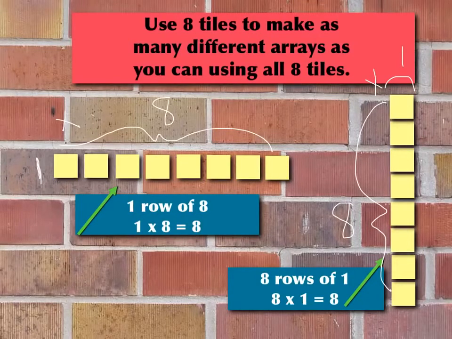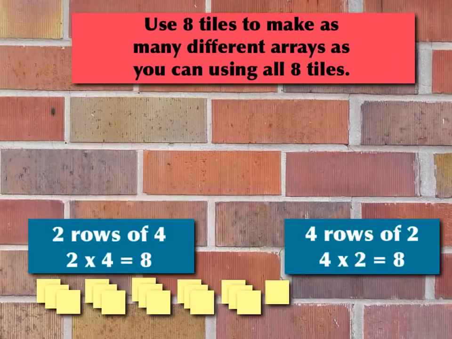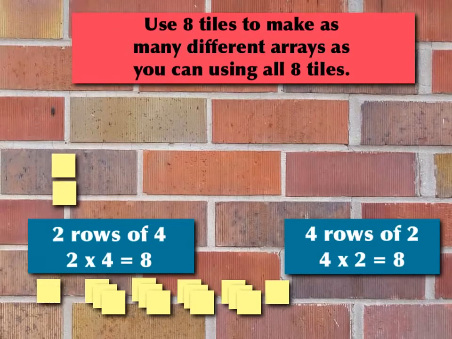Let's look at 2 more. We're still looking at using 8 tiles to make as many different arrays as possible. So let's take these 8 tiles and let's make 2 rows of 4. 1, 2, I'm going to start my rows.